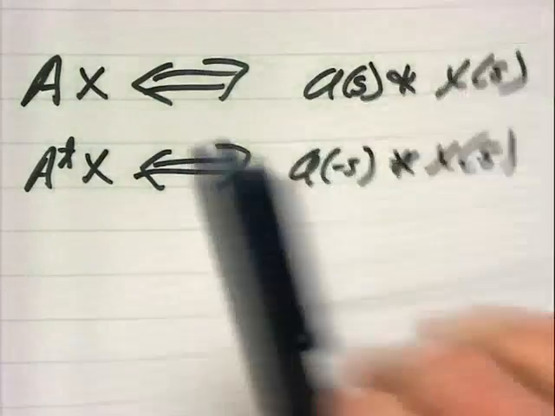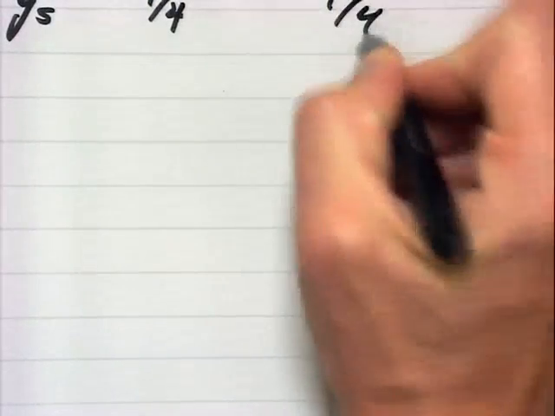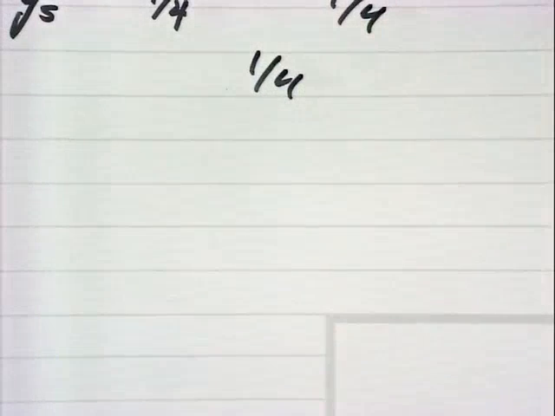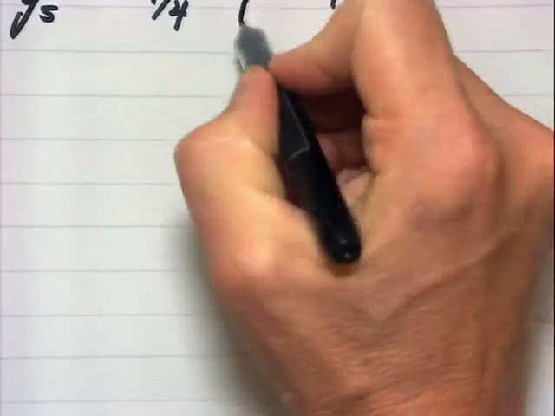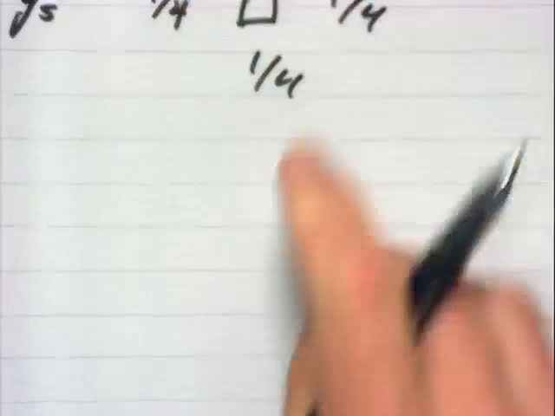Now, just to give a little more intuition, let's say that the prediction filter was 1/4, 1/4, 1/4, 1/4. So you're saying if I'm going to predict this center pixel, I'll take the average of its 4 neighbors.